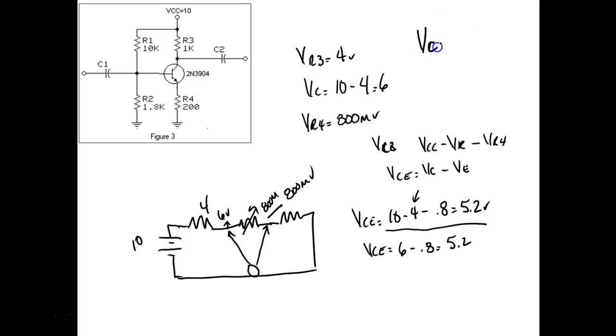We call it VCE, right? So it says, okay, if I use this as my common and then I come over and do that, what would it measure? We're just going to measure 5.2 volts. So this tells you what to subtract, right? It tells you to take VC minus VE. That's what voltage collector to emitter tells you. But either one of them will work, whether you use Kirchhoff's law or not.